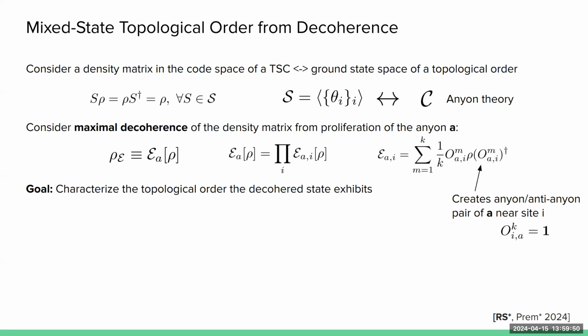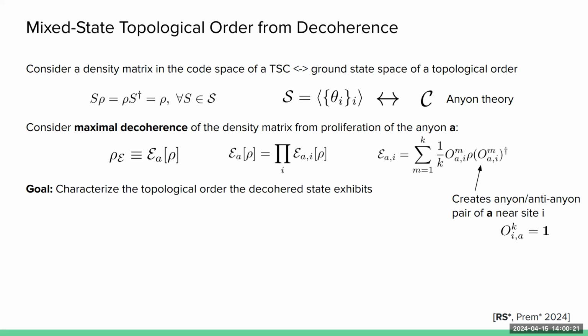So we're going to have this local error channel, and these O's are going to be operators which create some anyon species A near site I, which is of order K. So the 1/K tells us we just have maximally incoherent proliferation. So at any site I, there's equal probability of exciting no anyon, 1 anyon, 2 anyons, and so on. You're using the abelian and admits gap boundary condition when you do this. Yes.